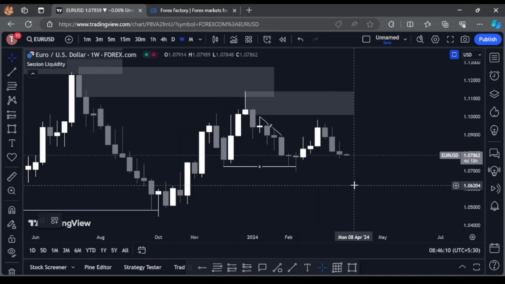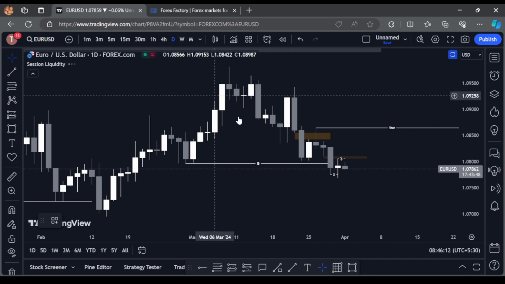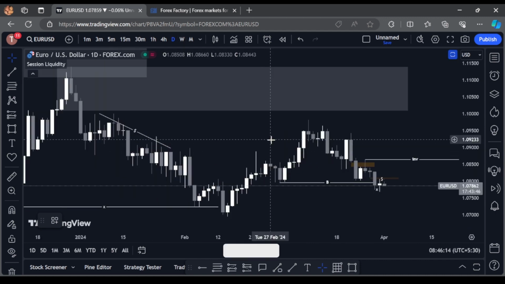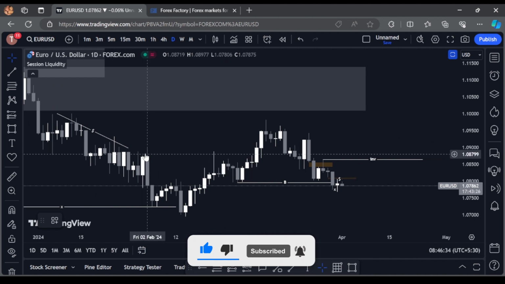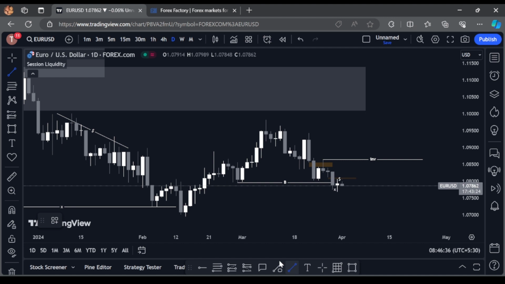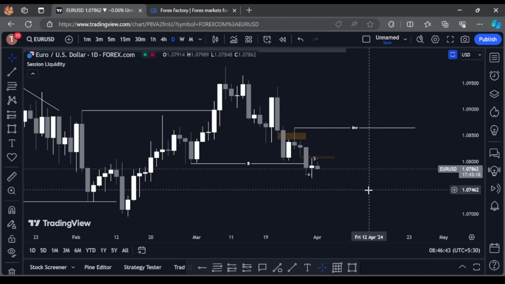Let's move to the dailies. This is the daily chart and we can see that the price had disrespected this flip zone which was responsible for this order flow to be broken, that is right here. So I'm anticipating the price to move into the downward direction now.